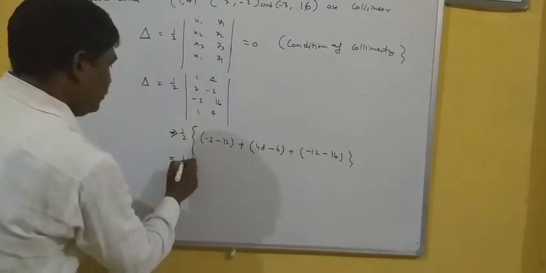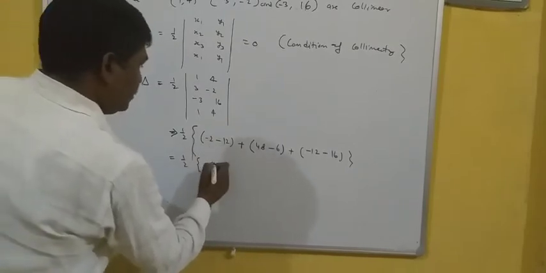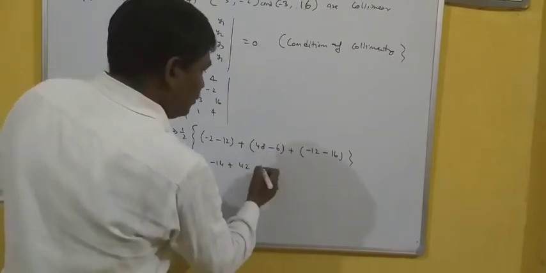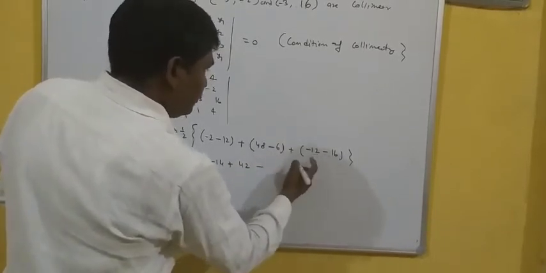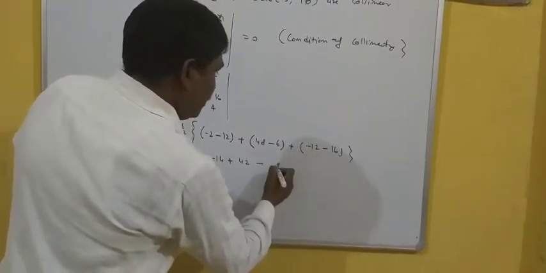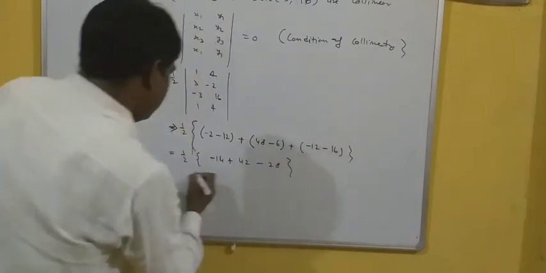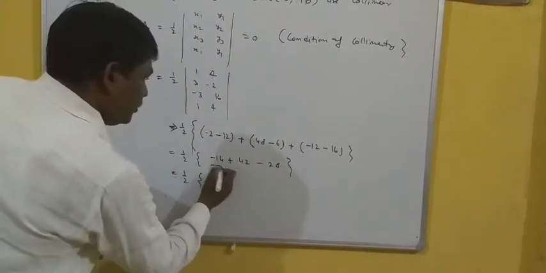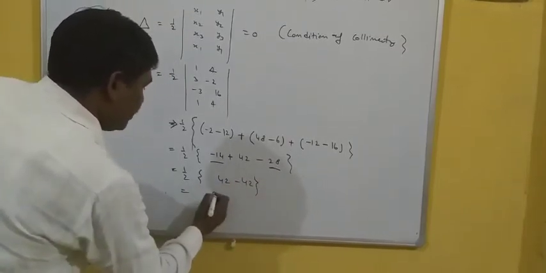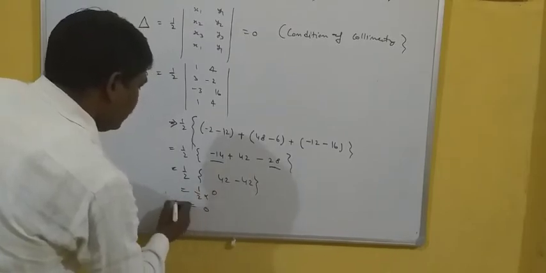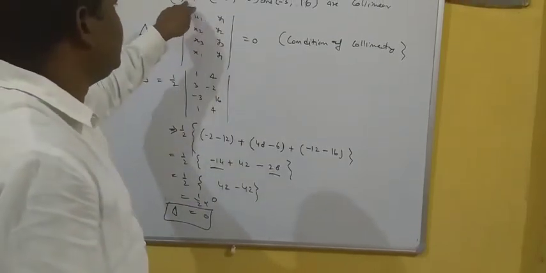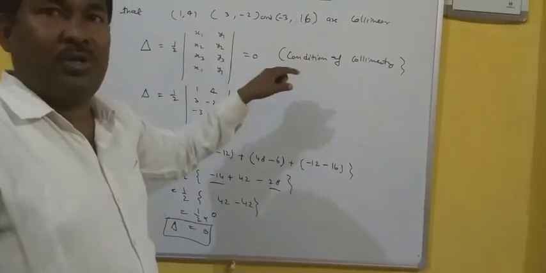We can solve it as minus 14 plus 42 plus minus 12, 6, 8, 28. Okay, now see 1/2. This will become 42 negative and this 42 positive. So you are getting 0 into 1/2, it means 0. Just see, the area of the triangle you are getting is 0. Means it is quite obvious that these 3 points are collinear.